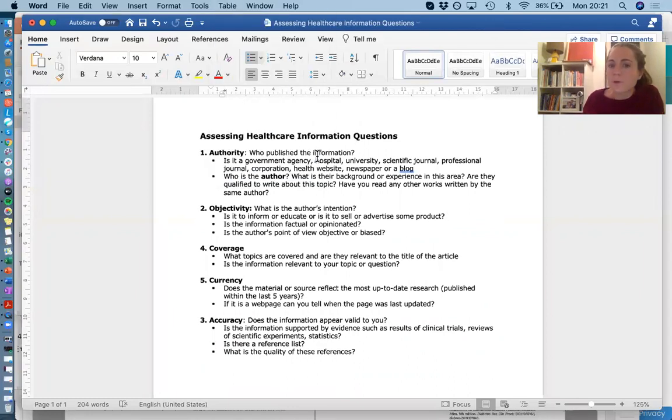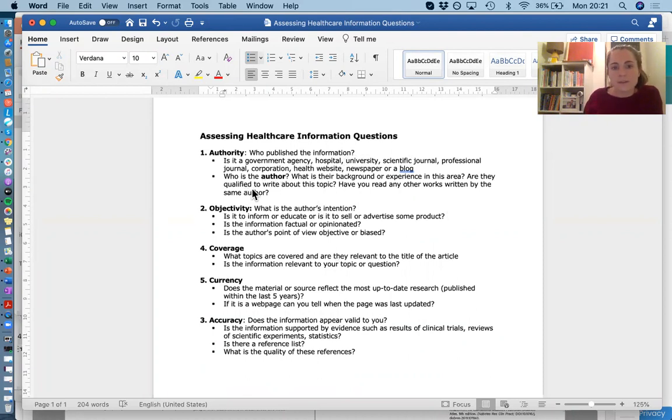So who published the information? Is it a government agency, a university, a scientific journal, a health website? So who published it, and then who is the author as well? For example, Nature is a scientific journal that publishes articles, but then there'll be specific authors within an article itself.